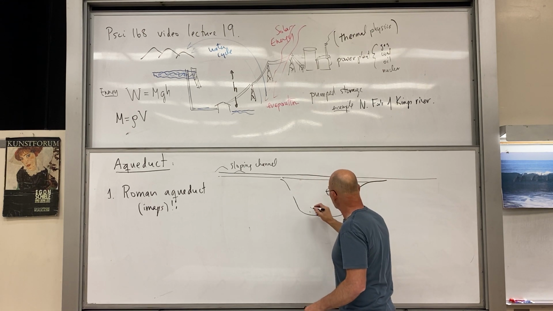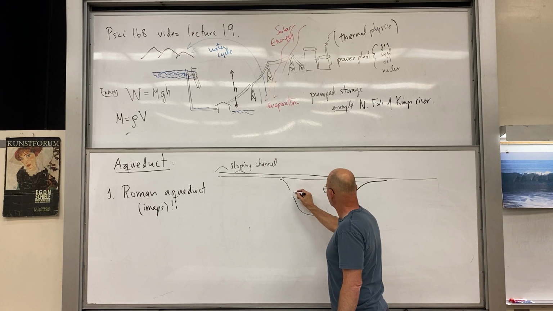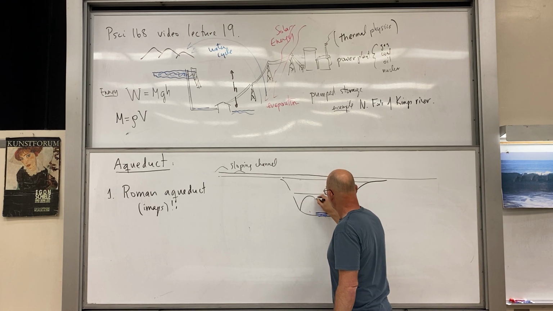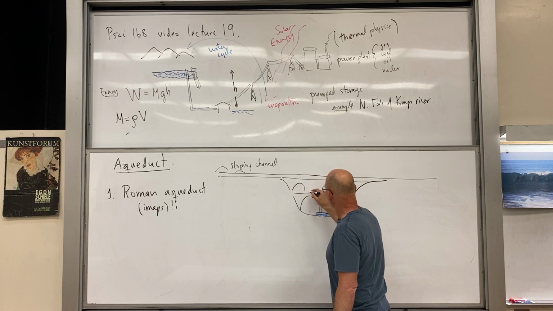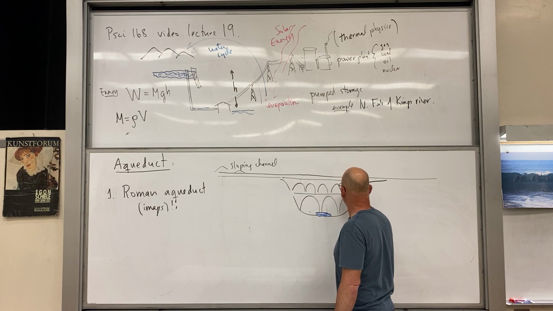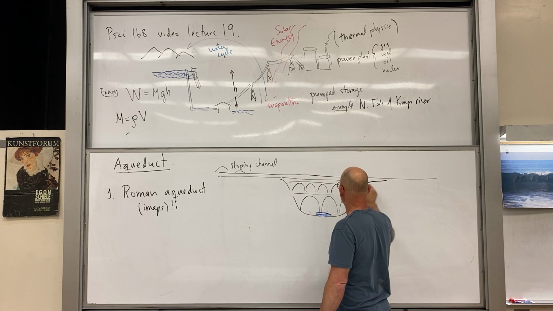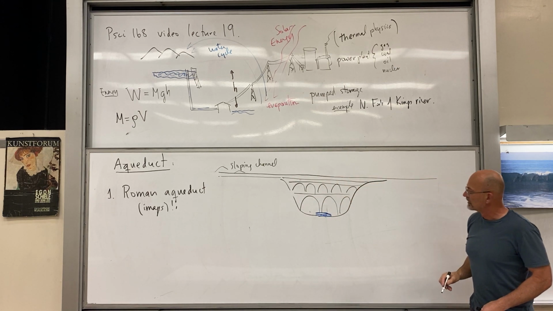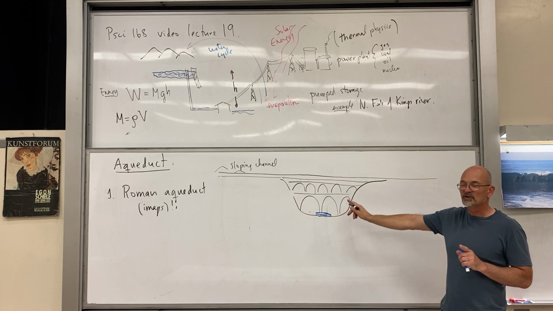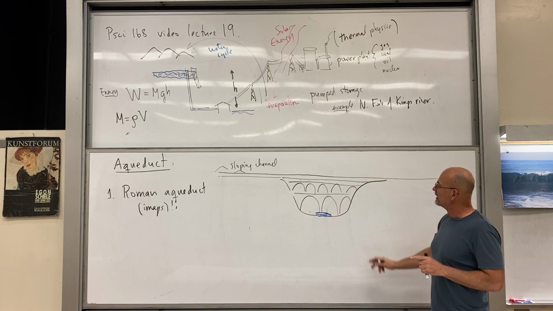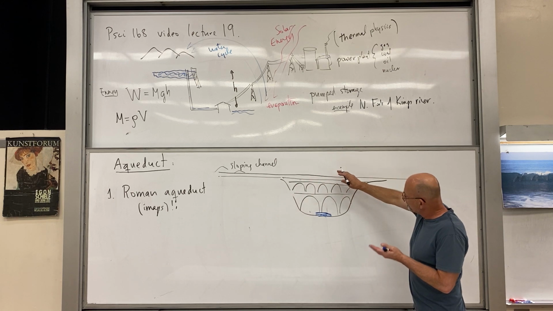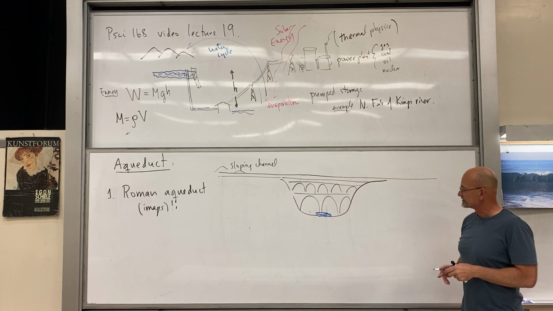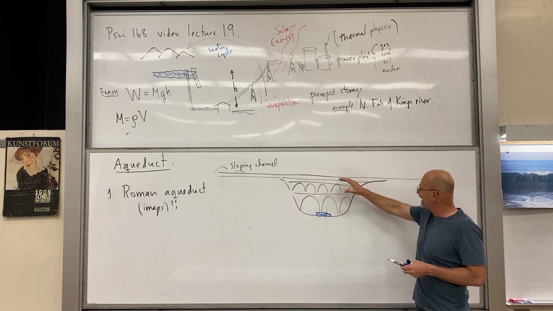You want to look some of these up, but you've got the Roman arches and another course of arches. Your pictures will be better than mine, okay? So yeah, they had a sloping channel, and they had these amazing bridges, aqueducts to just maintain that channel.